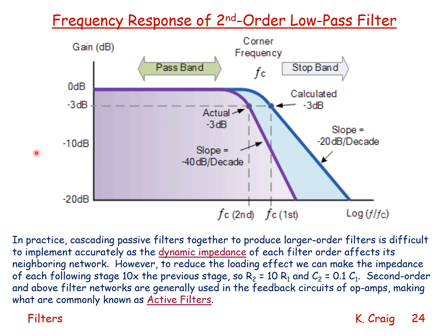Here's a general diagram of the frequency response of that second order low pass filter, the RC-RC circuit in series. And we see that for an RC circuit by itself, at high frequency, the slope is minus 20 dB per decade. For the RC-RC circuit, minus 40 dB per decade.